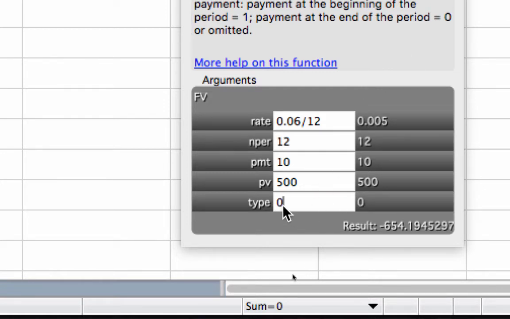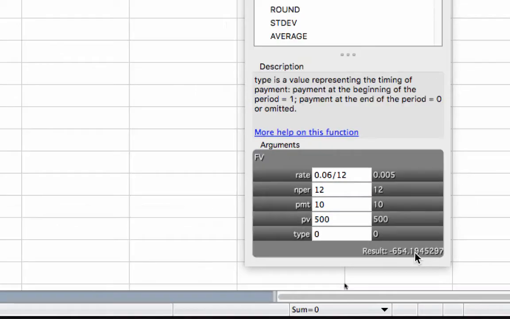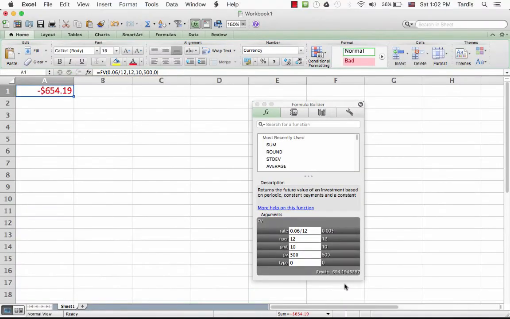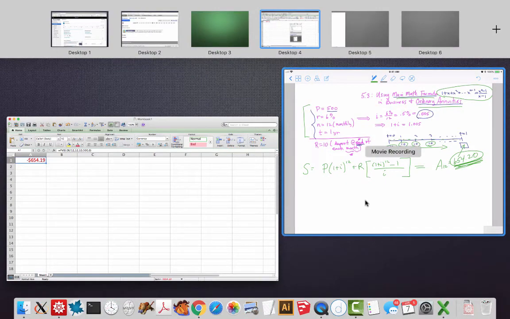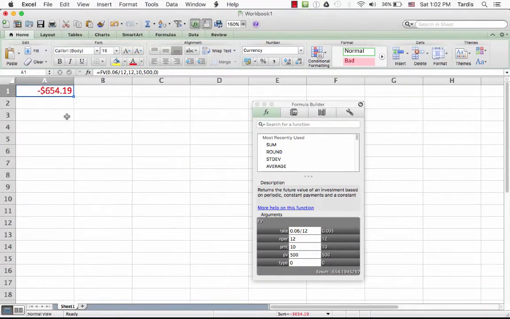The result of the future value is $654.20, which is what we got from our computation by hand. I'll leave your business professors to tell you about the difference between negative and positive numbers, but here just take the absolute value, the positive number, which is the amount you have at the end of the year.